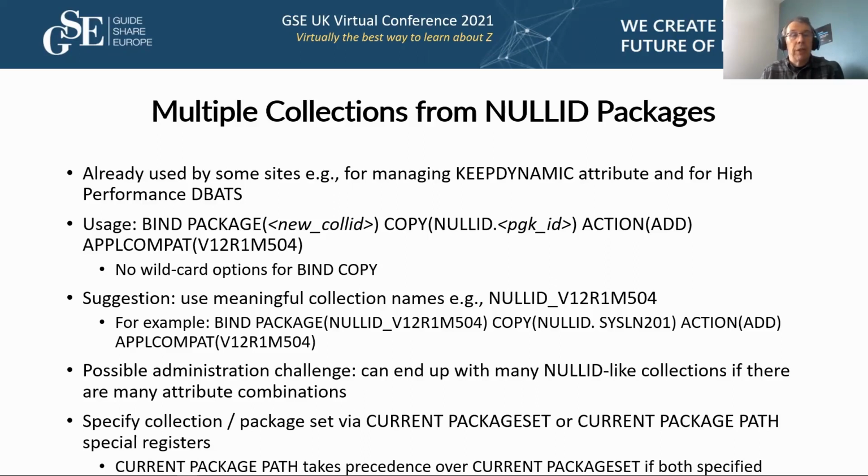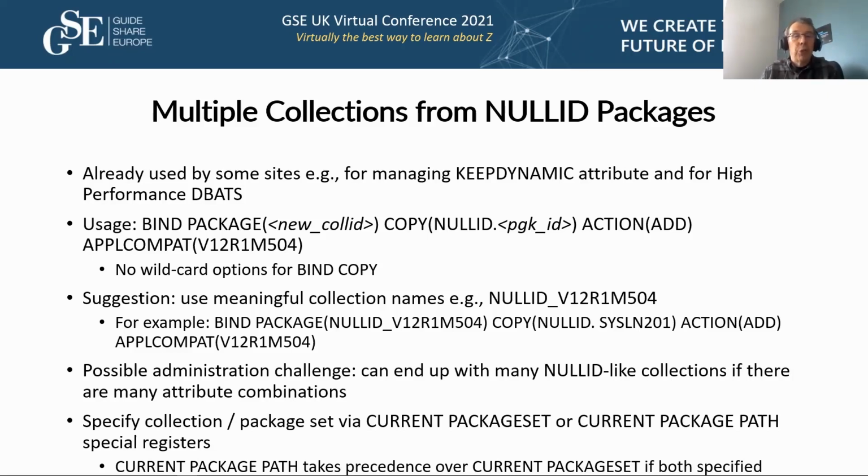So some people already use multiple collections, and essentially the way you do it is in that string there you can see in the second bullet point: bind package specifying the new collection ID, and then you copy the null ID packages in and specify the new APPLCOMPAT level.